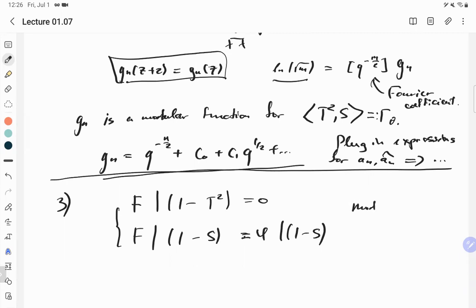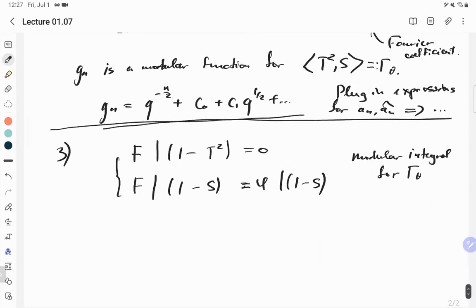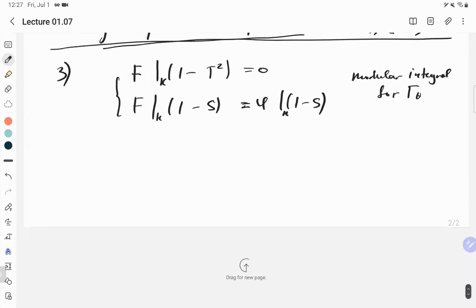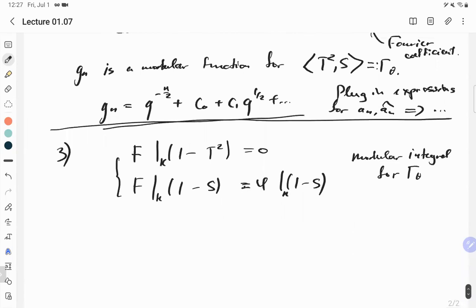So a modular integral for gamma theta, and this is in weight k. So there are two steps. First, there's a way to reduce it to weight 0. And the way to do it is very simple, but it may look a bit dangerous.